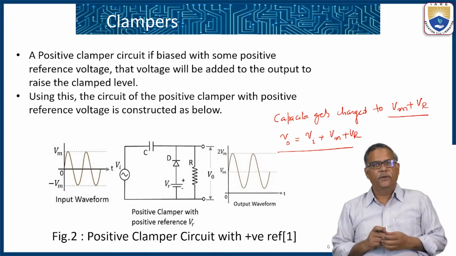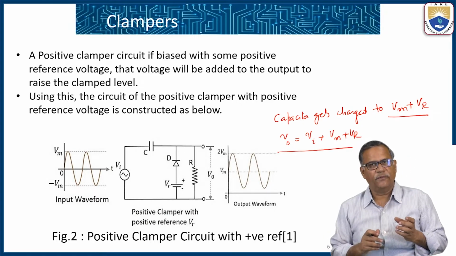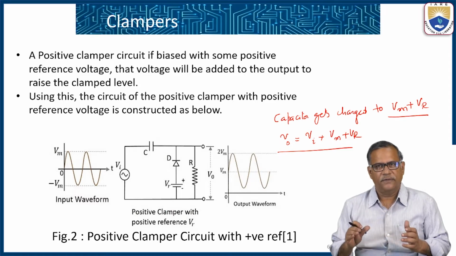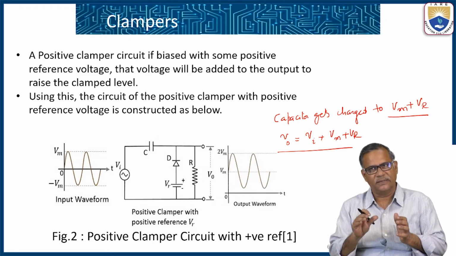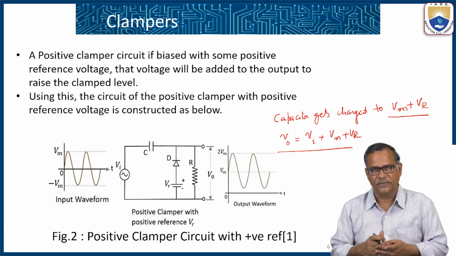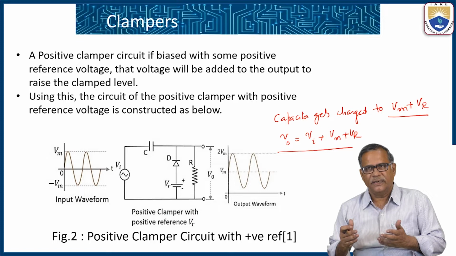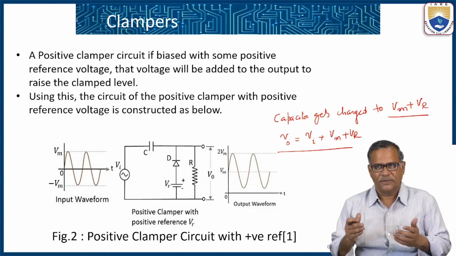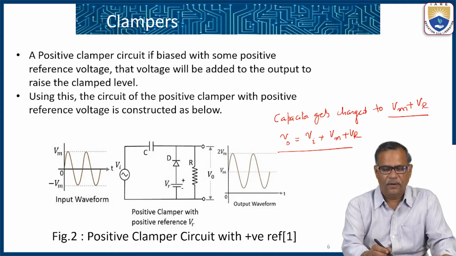So during the initial negative portion of the waveform, the diode D is in forward bias and the capacitor gets charged to Vm plus Vr. Vr is a reference voltage. Now in the steady state condition, when the voltage is positive, what happens?